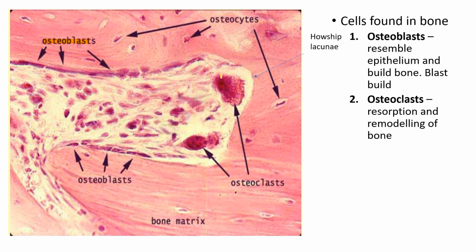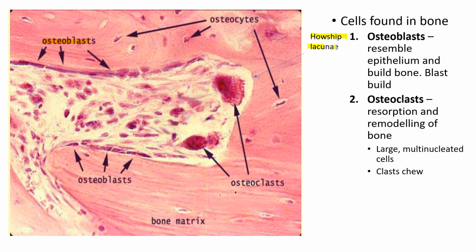We have osteoclasts, which are incredibly large cells, and these have many nuclei, and these are responsible for the resorption of bone. And so you can remember clast tissue, so clast kind of destroy or resorb bone to remodel bone to make sure that there is a robust extracellular matrix.